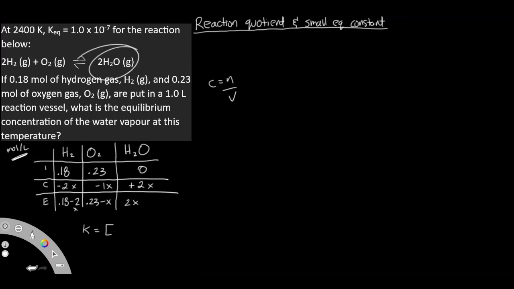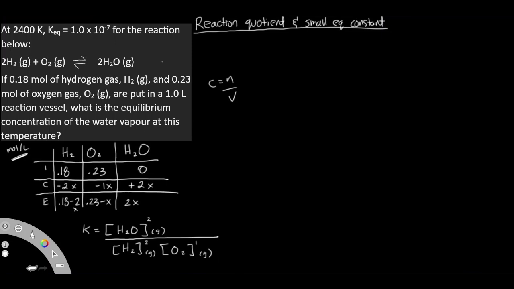So we got our product here, H2O, and of course it should be squared. It is gaseous. And then we're doing the same thing for our hydrogen and our oxygen. So H2 here is also squared, it is gaseous, multiplied by our O2, not squared, it's just to the power of 1, and this is also gaseous.